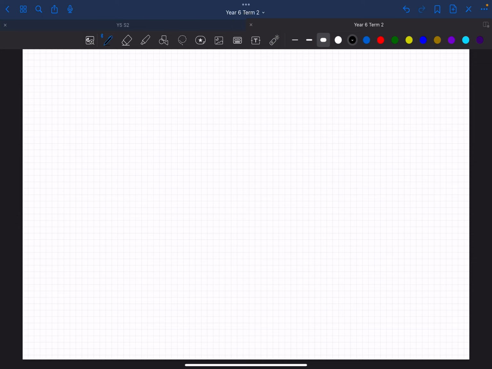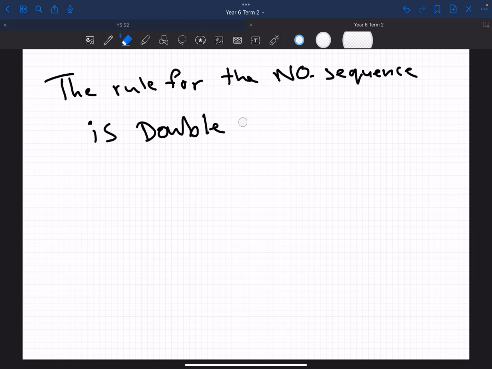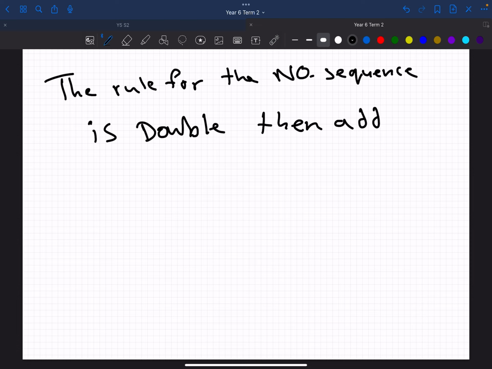When I tell you the rule of number sequencing, so when I tell you the rule for the number sequence is double the number, then add 3, you will write the rule now. You will write 2n plus 3.